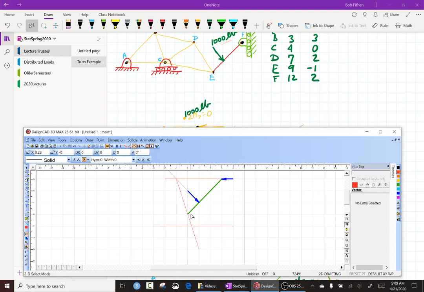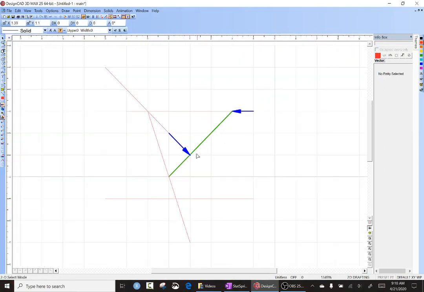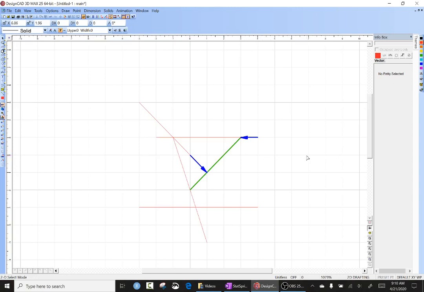The sum of the forces in the X and the Y are 0, but since it's a static member, the sum of the moments are also 0. What I discovered is that this point right here is in fact a point in which all the lines have to coalesce through.